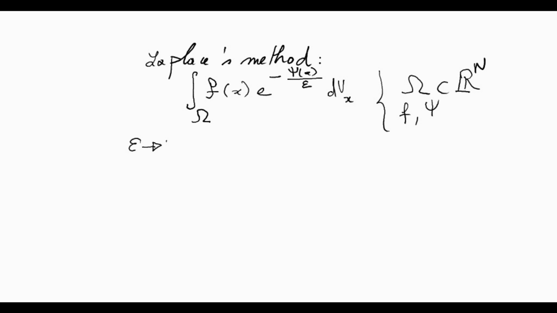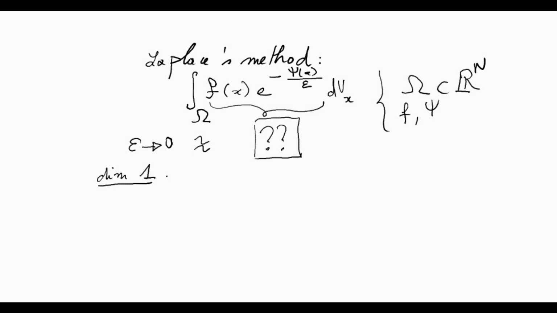So when epsilon converges to 0, we would like to find an estimate of this, and to see that this integral can actually be estimated by just computing the function underneath the integral sum at some specific ensemble of points. So this will be the question, is how to estimate this quantity. So for this, let's start in dimension 1.